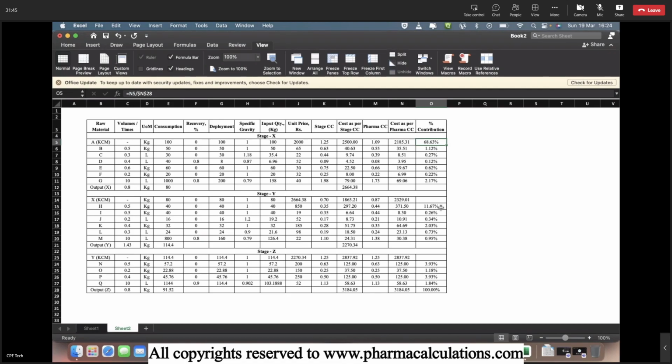So this is the second highest when compared to the KCM or KSM A. So in order to reduce the RMCC, let's try to recover this thing. So here it is 40 kgs, and as this is going to be having higher impact, I'd like to recover it. And if I'm going to recover it, automatically the cost is going to get reduced. So just hold it for a moment.